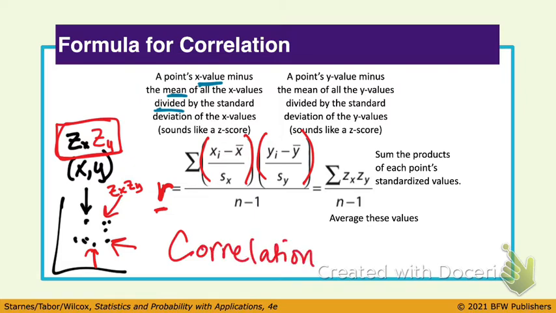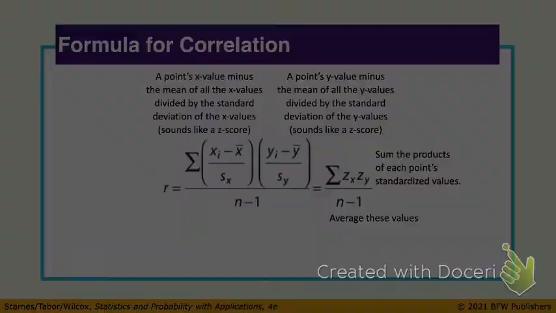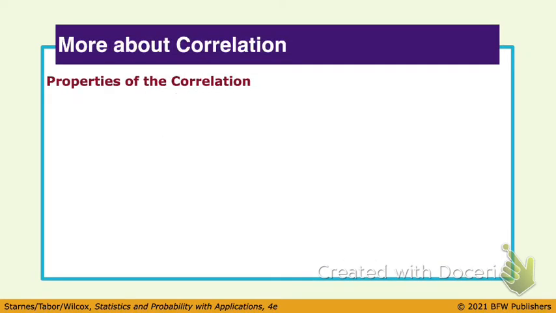Correlation is a standard value. And that's going to be very important as we look over some of the properties of correlation. I just wanted to show you that formula and where all of these different properties are about to come from. All right, so some properties of correlation.